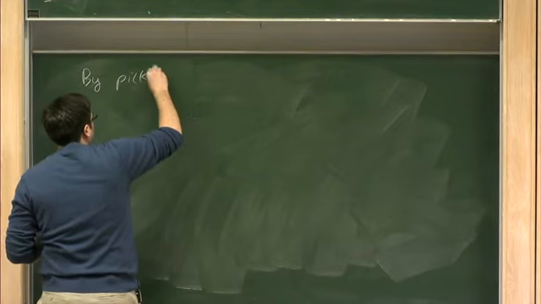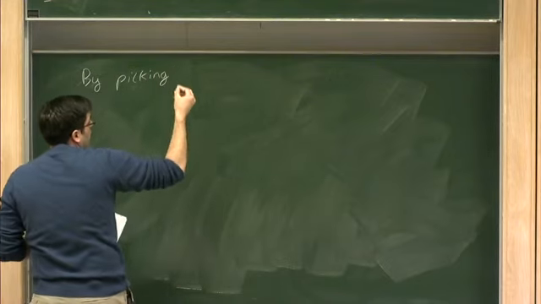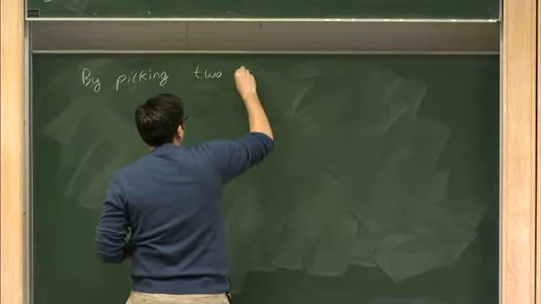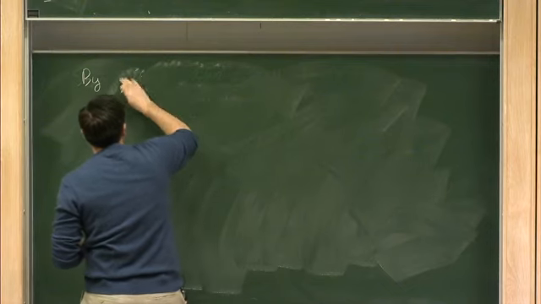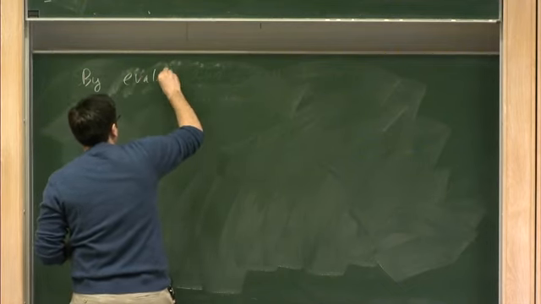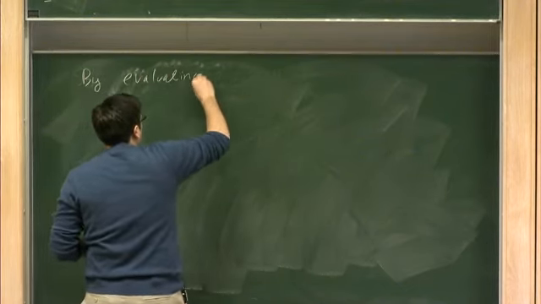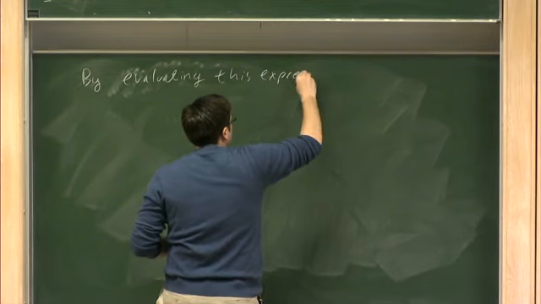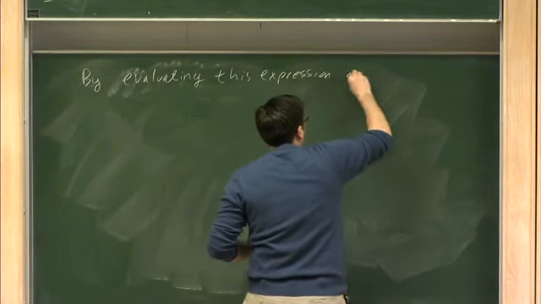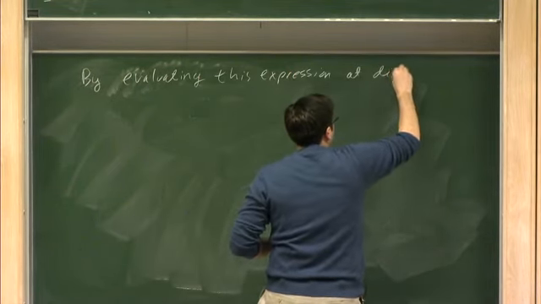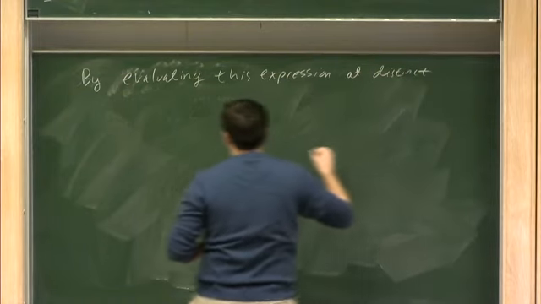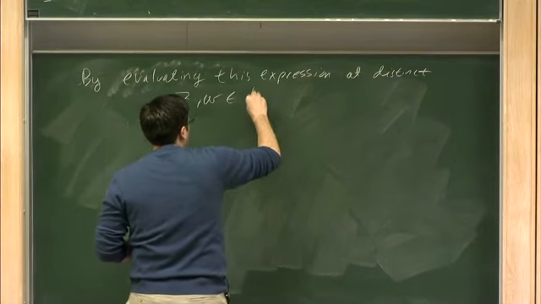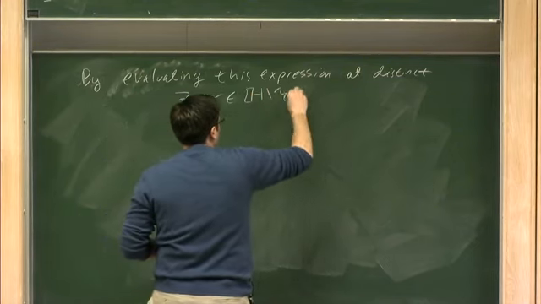Okay, so what this means is that you can pick. There are two different ways to do this. One way is that you can pick two different z's, by evaluating, say, this expression at distinct points, say z and w, in the upper half plane minus the curve.